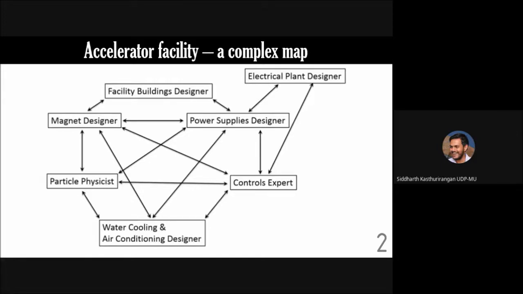One person will be the physicist, one person will be the building designer or architect, one person will be the power plant designer, and so on. And each person will be given a set of bullet points, and then they have to present one or two questions to the entire group. That is, whom will they ask about certain things, and so on.